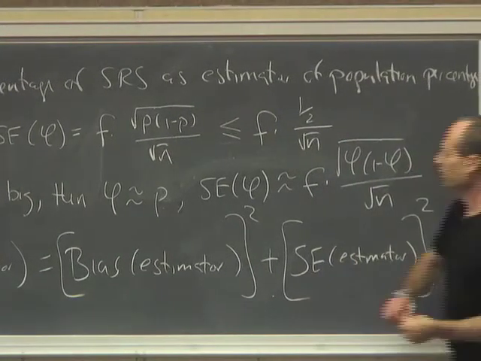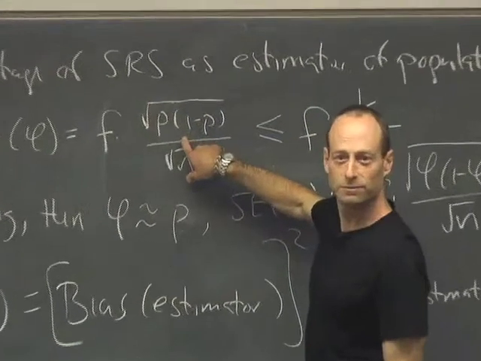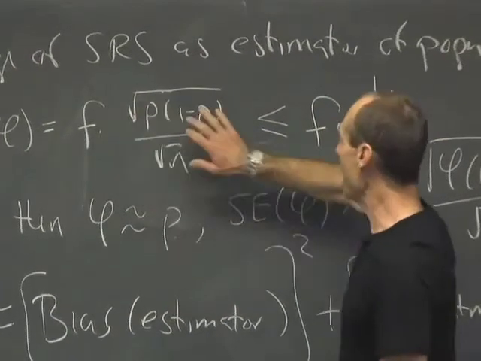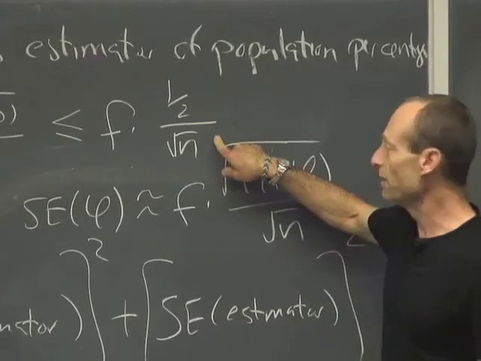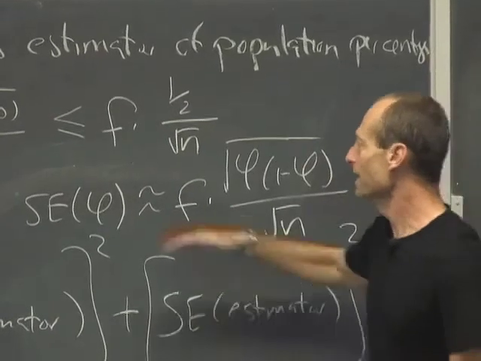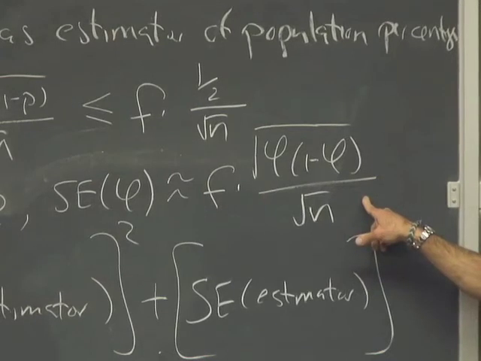Okay? So this is what it really is, but we don't know p. So we don't know what it really is. No matter what p is, it can't be bigger than this. If our sample size is pretty big, then it ought to be pretty close to this. This all makes sense?